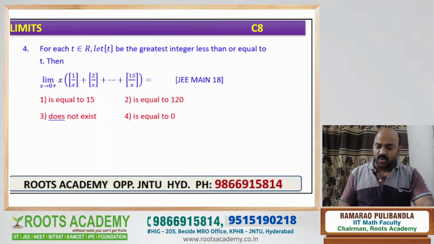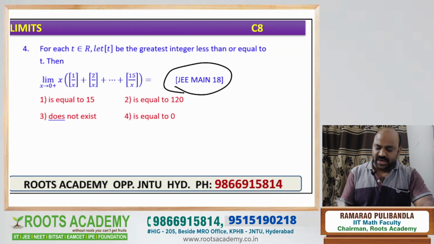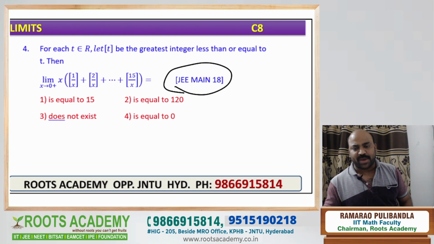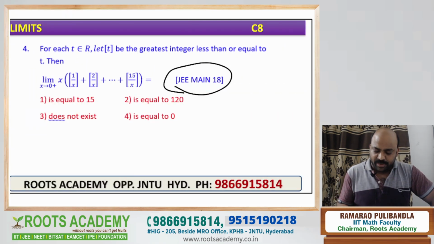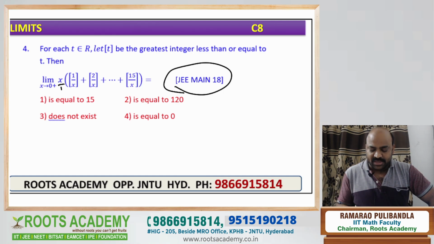Now we are doing one previous JEE Mains 2018 question. Can any one of you apply this? It is b by a only, right? B means inside the step, A means below x. What is below x? Send this one inside. Below x is 1. Above x is 1. So the answer is 1 by 1 plus 2 by 1 plus and so on up to 15 by 1.